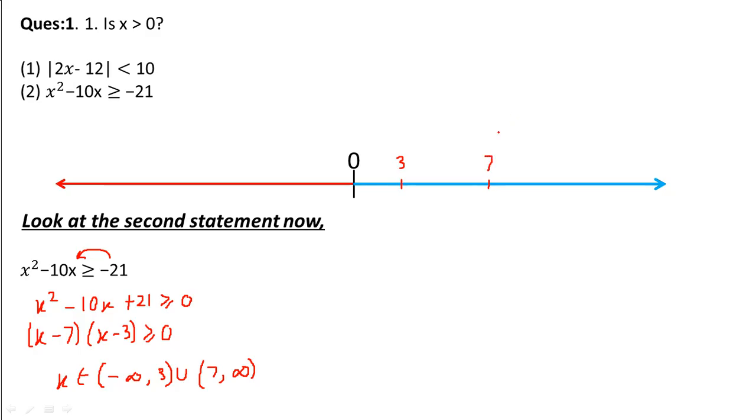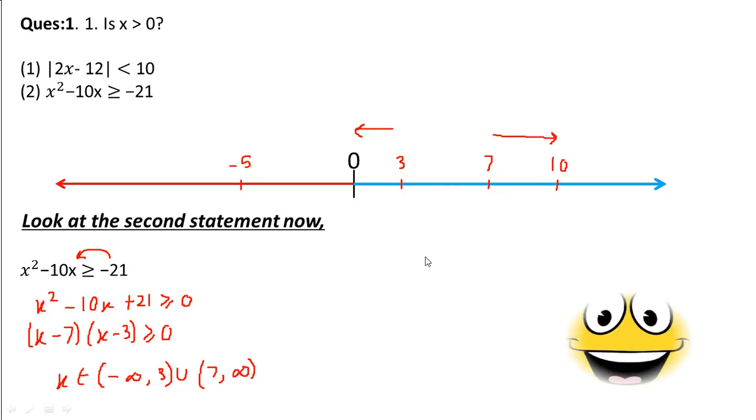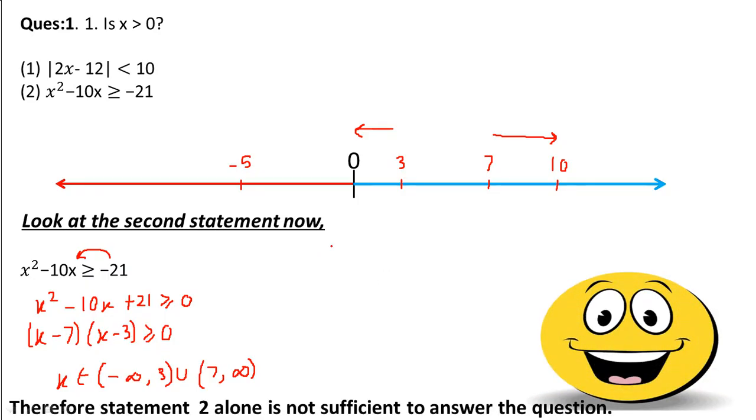So this statement tells that x belongs to the right hand side of 7 or the left hand side of 3. So I have both the values. For example, x can take a value somewhere here, that is minus 5, or a value somewhere here, that is 10. So x can be less than 0 and even greater than 0. Therefore, statement 2 doesn't help me to answer whether x is greater than 0 or not.